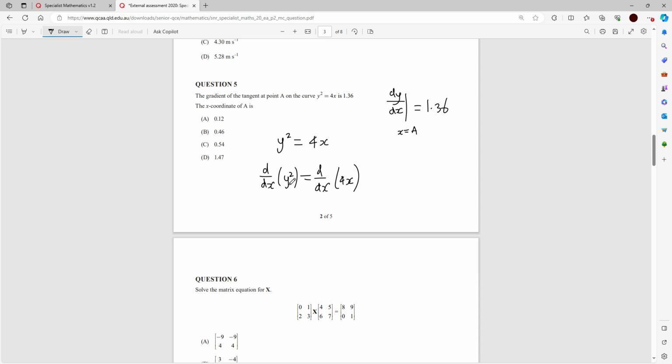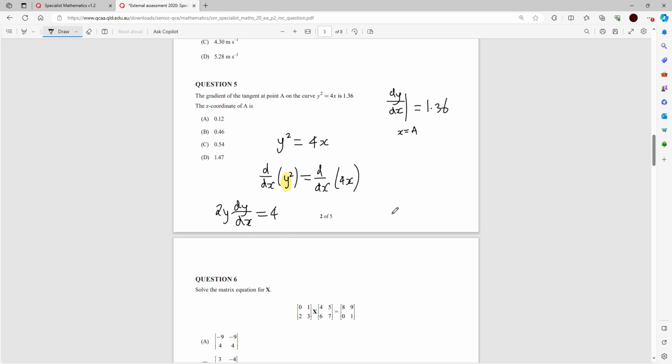So we treat it like x, bring that power down the front and subtract the power by 1. But then you have to multiply by the inside function, which is y itself. So you go 2y times dy/dx. Then differentiating 4x is easy, that's just 4.